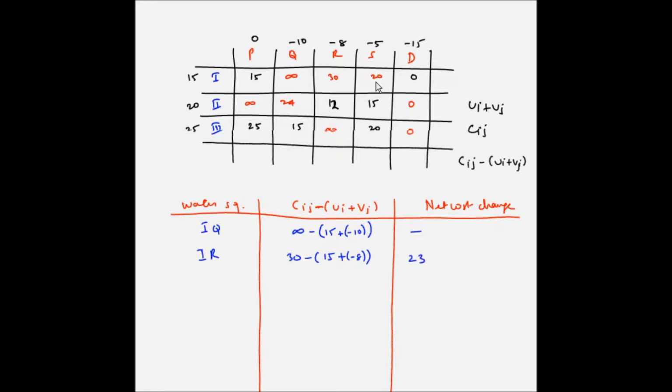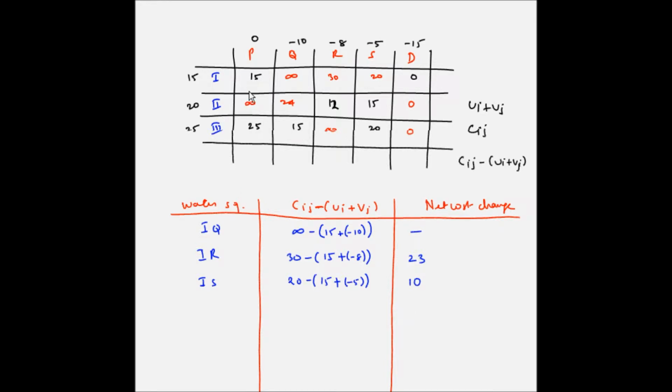The next water square is 1s. Cij is 20, ui is 15 and vj is minus 5. So 15 minus 5 is 10 and 20 minus 10 is 10.